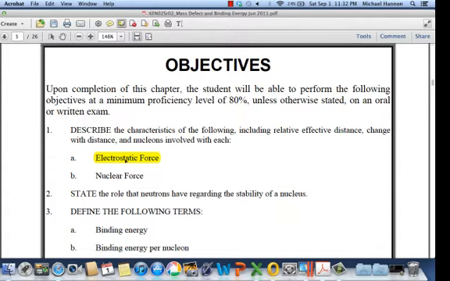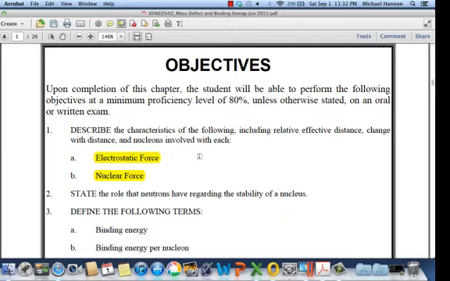However, we're going to be learning something new, which is called the nuclear force, and that is going to have a whole different set of rules based on the distance the proton and neutron are from each other. The nuclear force has nothing to do with the electrons. I want you to make sure you know that. Nothing to do with electrons. The nuclear force has everything to do with just the protons and neutrons in the nucleus only.